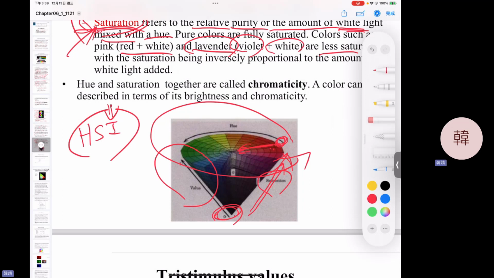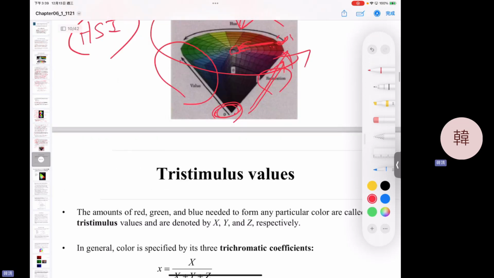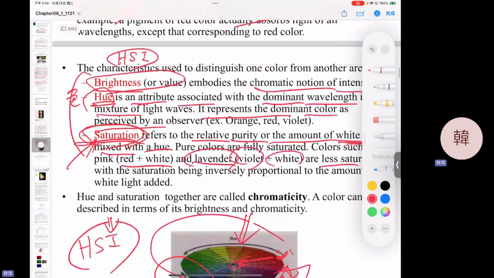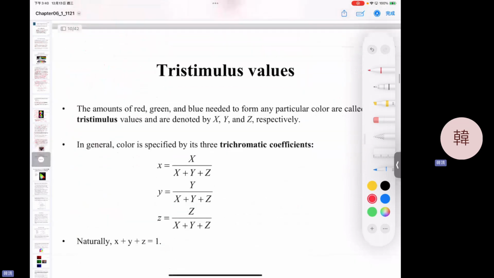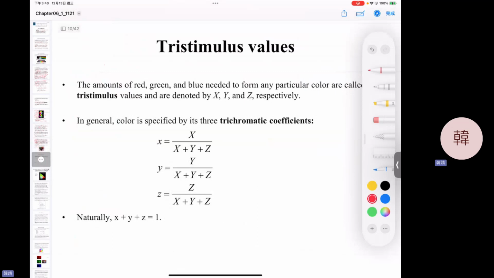So you just add white light to your pure color outside, the hue, and the center part is a less saturated color. This model is the more normal one we discuss when you communicate with the color system. So how can we describe it?